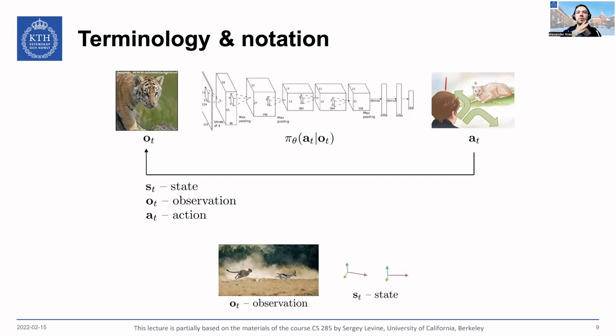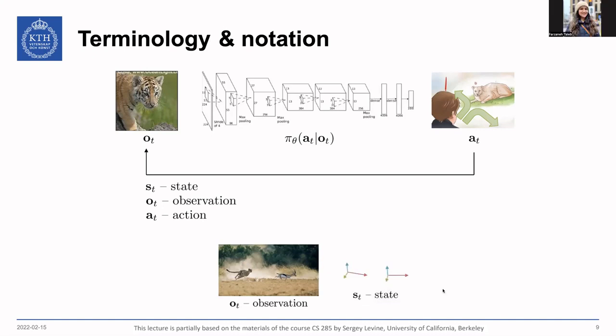The policy is basically a function that, given the observation, gives us an action. In this case, we just represented it as a neural network because quite often the policy is actually a neural network. Yeah, thank you. So far there is no special meaning, but it's just nice to represent it.